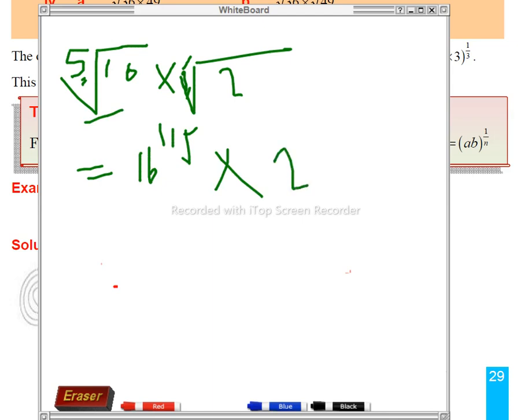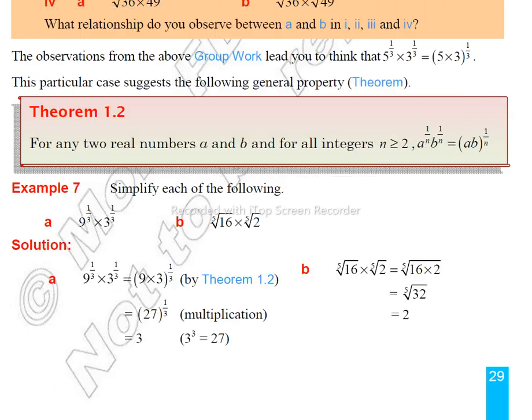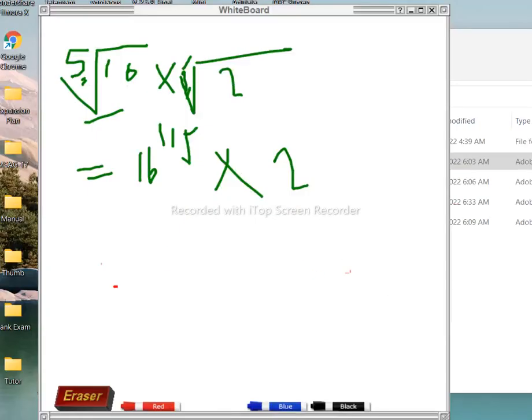2 to the power of, sorry, here we have a question. Yes, correct. The fifth root of 2 means 2 to the power of 1 over 5. So this 1 over 5 is the same for both.